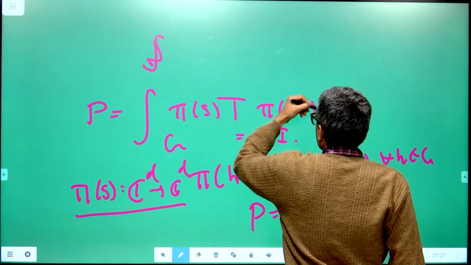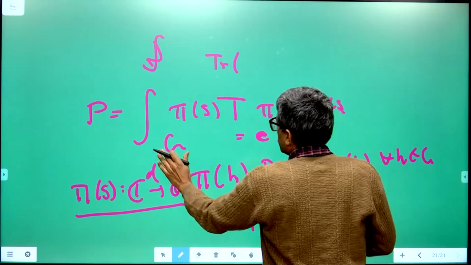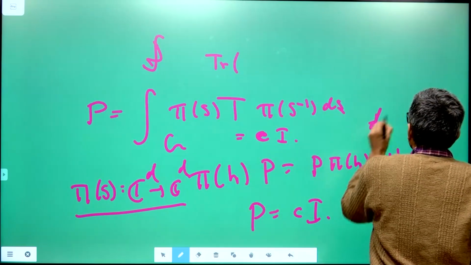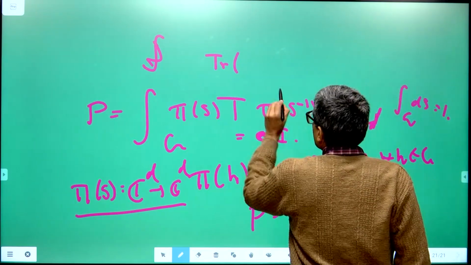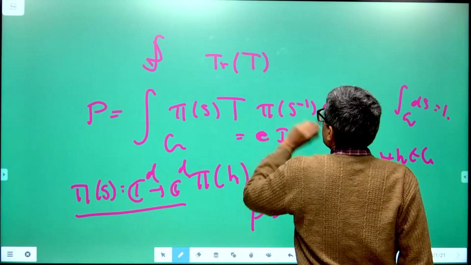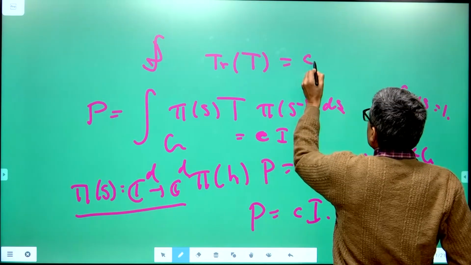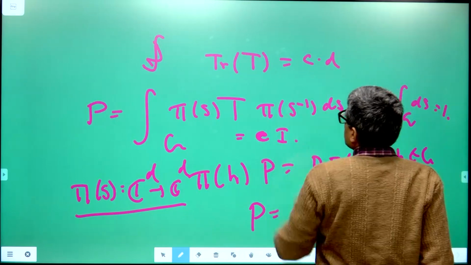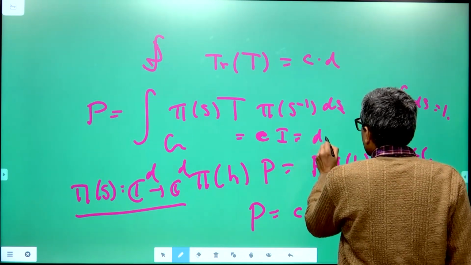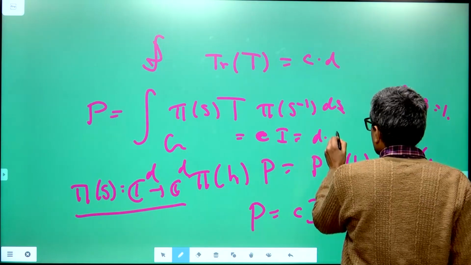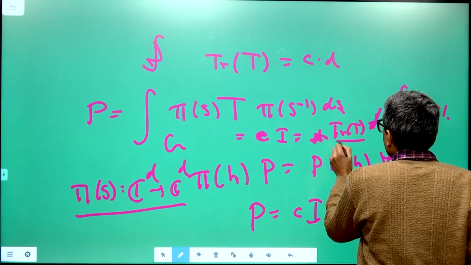Trace of T comes here, and π(g inverse)π(g) is identity, and the Haar measure is normalized on G, that means the integral of dg over G is 1. So the trace of T is equal to the trace of P, which is C times d, so I can replace this constant by trace of T divided by d.